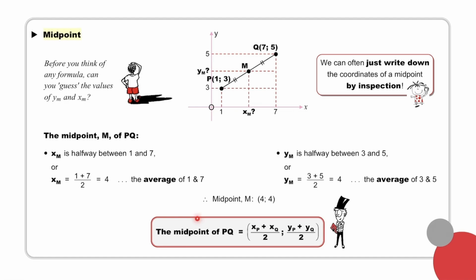Confirming yet again the formula for our midpoint as being the sum of xp and xq divided by 2, the sum of yp and yq divided by 2. Knowing that the coordinates of the midpoint are the averages will ensure that you remember the plus signs, but whenever possible, just write the coordinates down by inspection.